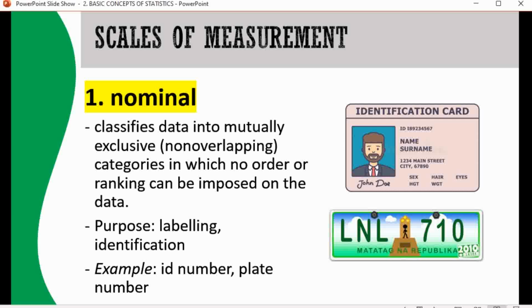One here is just to represent yes, and 0 is to represent no. In terms of plate number, you cannot differentiate the type of car, how brand new or how old the car is, because the plate number is just the identification.